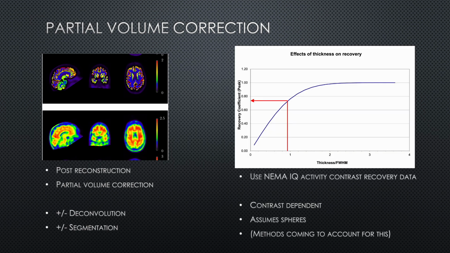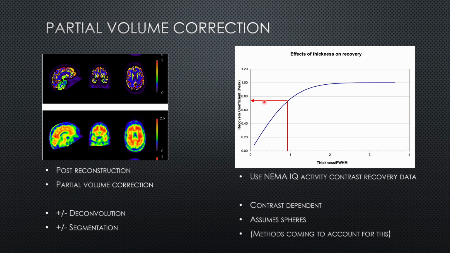Another way to correct for partial volume is to look at the known losses of signal from a NEMA image quality phantom to work out what the signal should be. So, we have this small feature. We know this small feature is only going to give us a recovery of 75%. So we can then increase the value that we measure to give the true value that we're looking for.